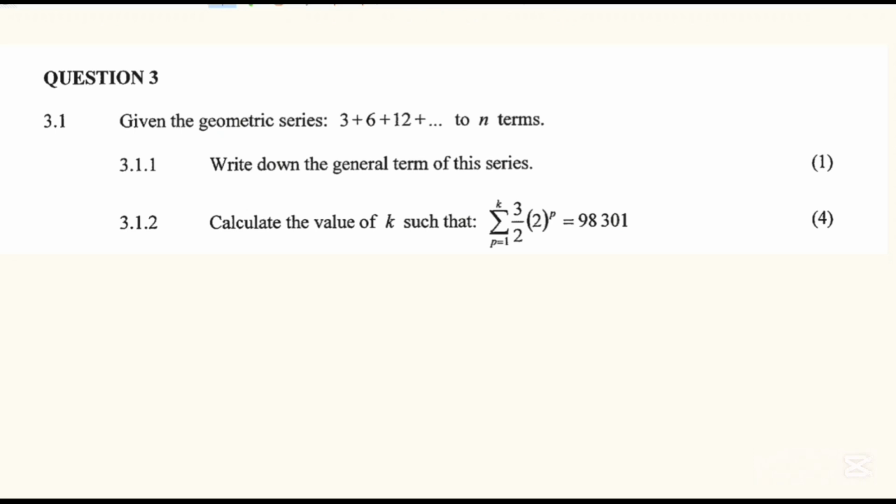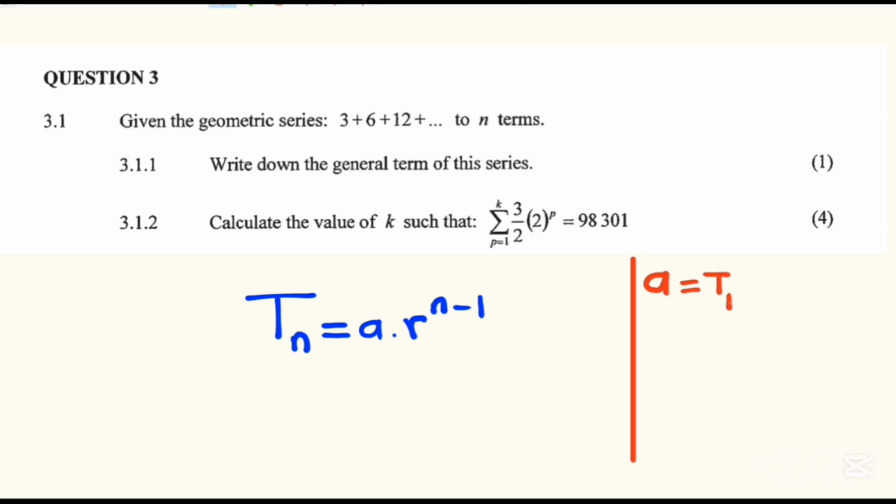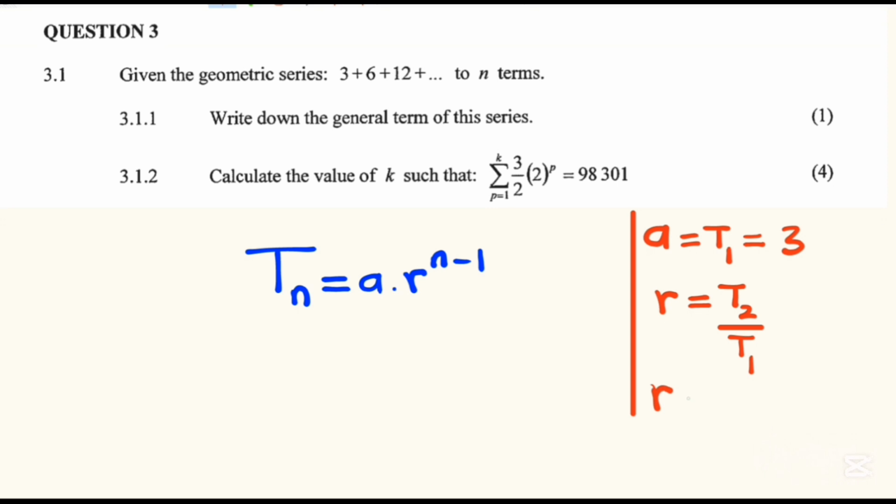For a geometric pattern, we have Tn is equals to a multiplied by r raised to the power n minus 1, where the a is equals to term number 1, and term number 1 is equals to 3. It was given as 3, and r will be equals to term number 2 divided by term number 1, and term number 2 was given as 6, and term number 1 is equals to 3.